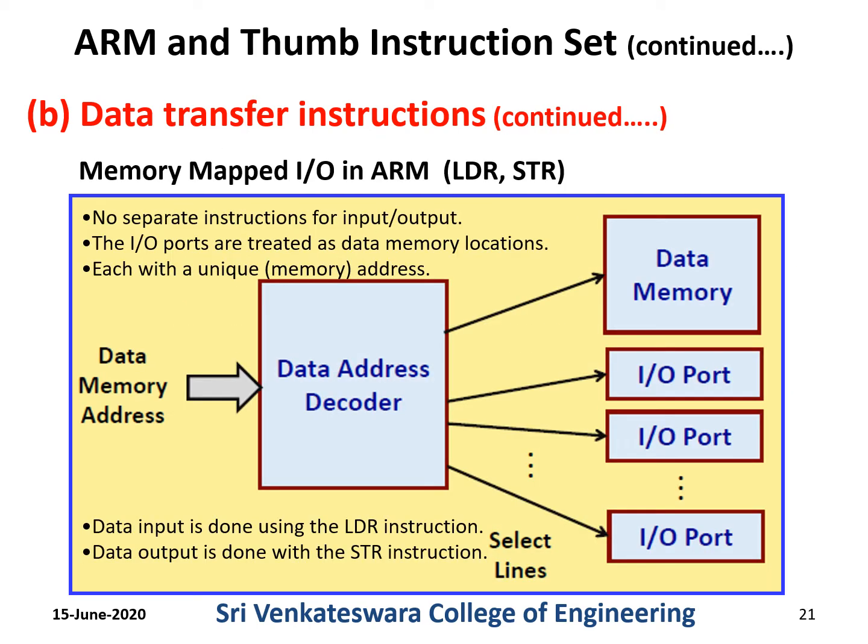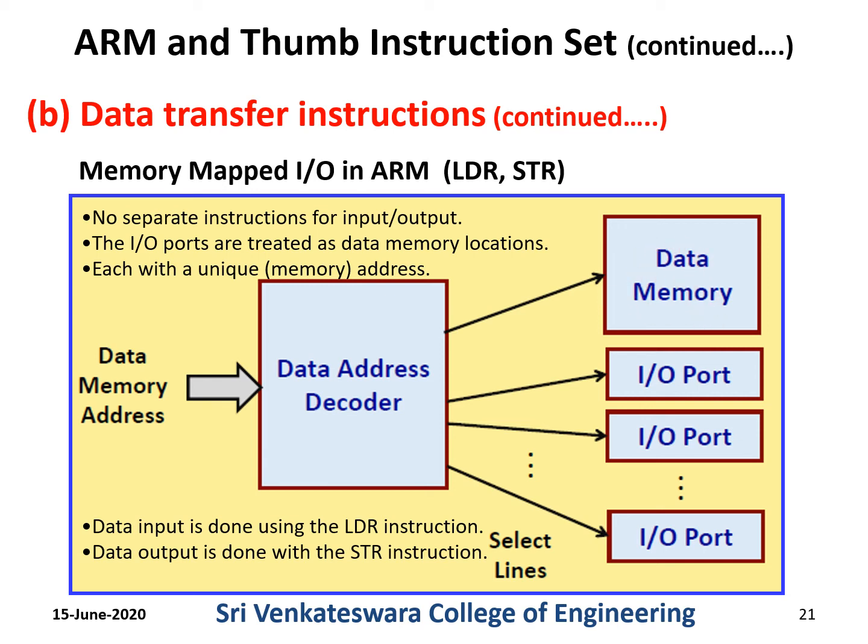So already I have mentioned that ARM makes use of memory mapped IO. Here again it is repeated to show that LDR and STR instructions are used to receive input from input devices and send output to the output devices. Because of memory mapped IO, even the input output devices are referred using the same kind of addresses which are used to refer a memory location.